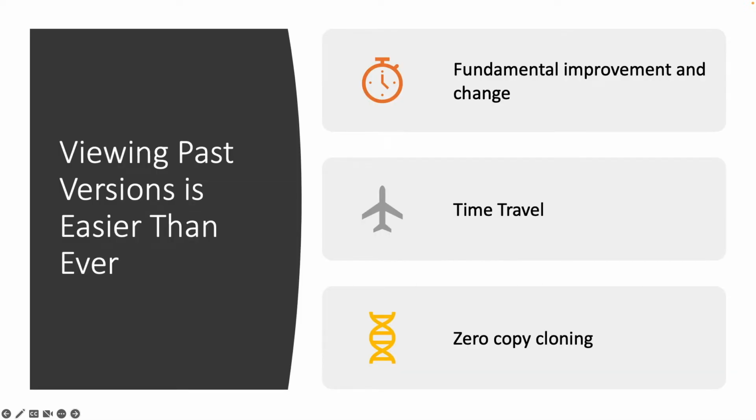So let's talk a little bit about viewing past versions with Snowflake. It's easier than ever with Snowflake, and a really great improvement over traditional systems. Traditionally, if you think about what would happen if you made a mistake in a database, you'd have to restore a backup to fix that mistake. This could not only cost a lot of money, but take a lot of time.